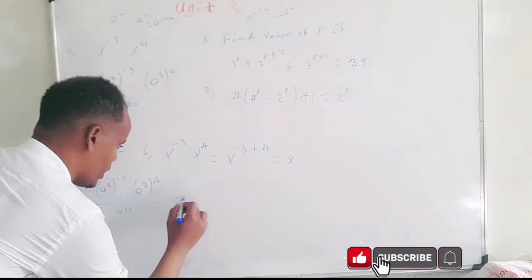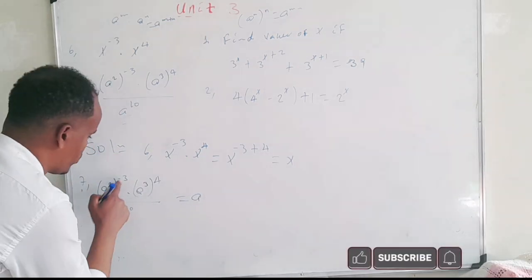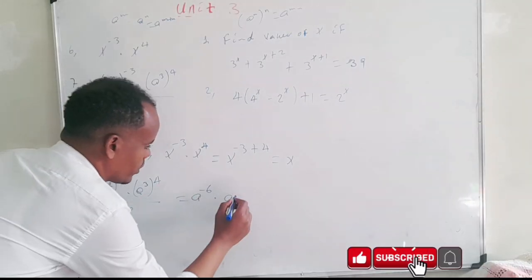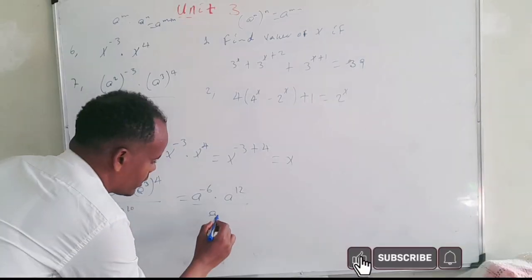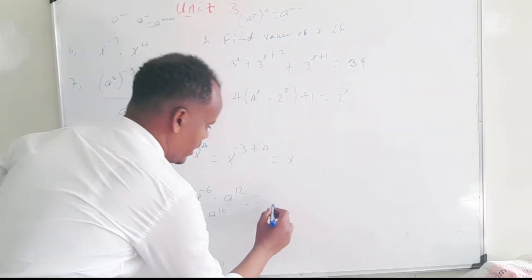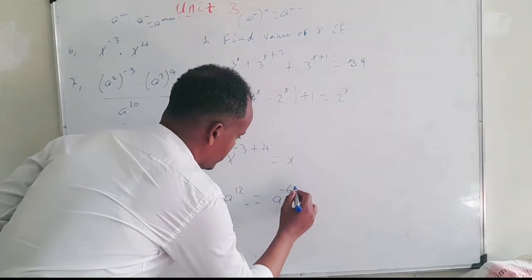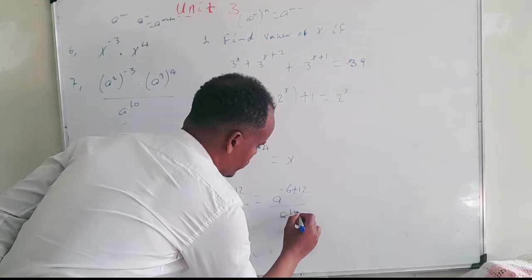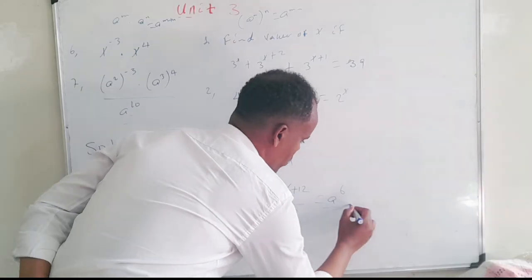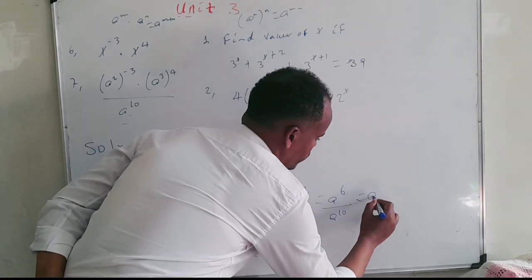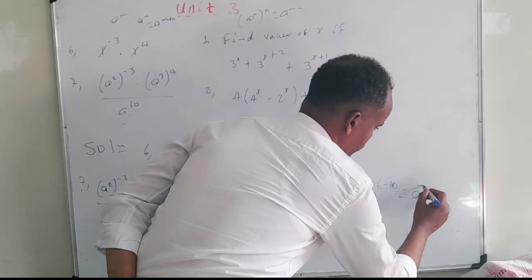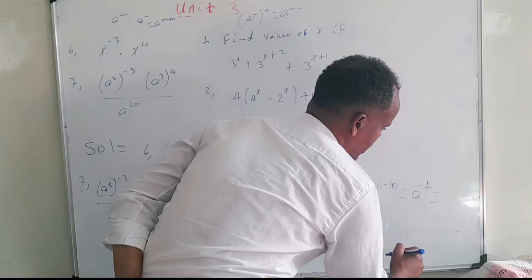So if we write it, that is a to the power of 2 times minus 3, minus 6, times a to the power of 3 times 4, that is 12, over a to the power of 10. So this is a to the power of minus 6 plus 12 over a to the power of 10, which means a to the power of 6 over a to the power of 10, which is a to the power of 6 minus 10, that is a to the power of minus 4, equal to 1 over a to the power of 4.